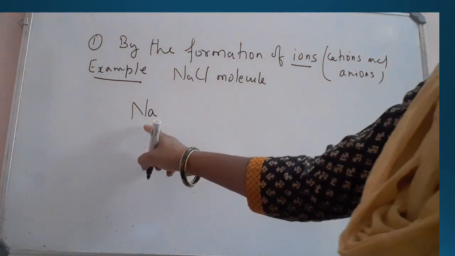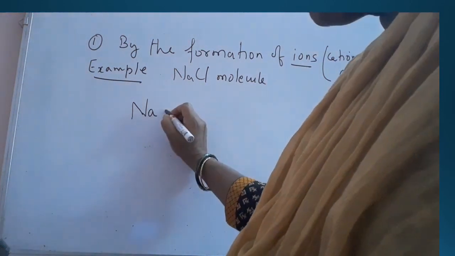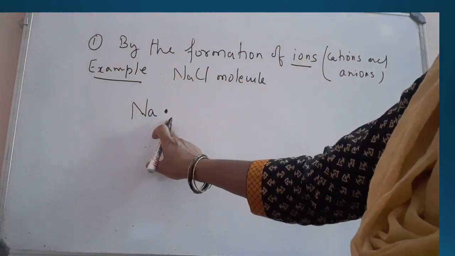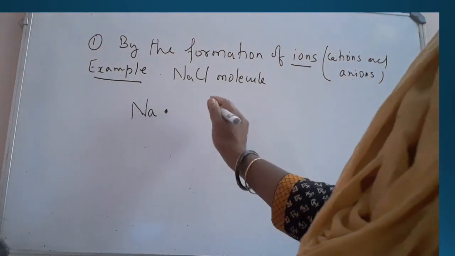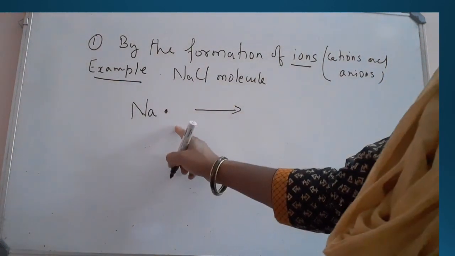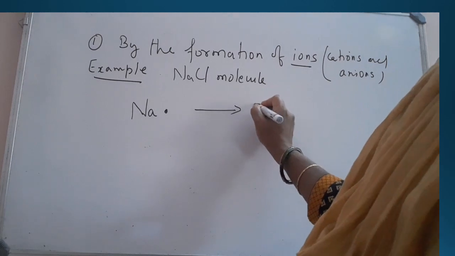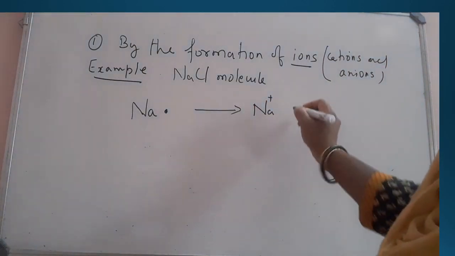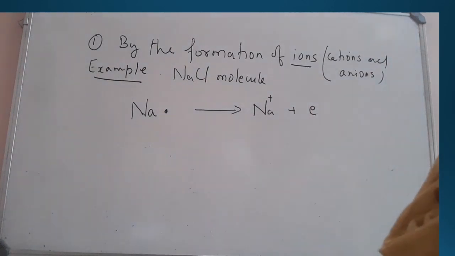Just now what we have learned, sodium has one valence electron that we represent by giving a dot along with the symbol. With the loss of this one electron, the sodium atom forms the Na+ ion. That means here a sodium cation forms.